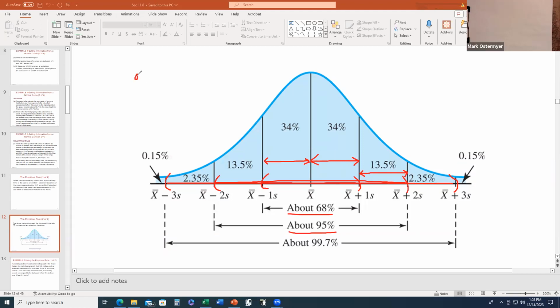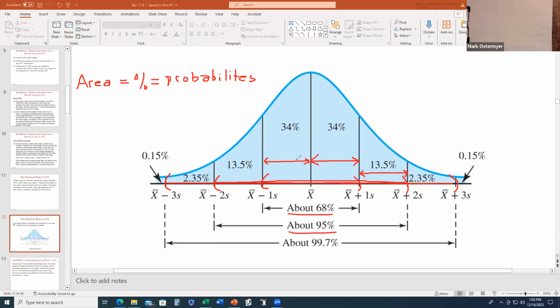But ladies and gentlemen, percents are equal to probabilities. That's what we need to understand. Percents are the same thing as probabilities, or proportions, if you will. And you know what probabilities and percents are equal to? They're equal to areas underneath this normal distribution curve. So areas are the same thing as percents or probabilities or proportions.